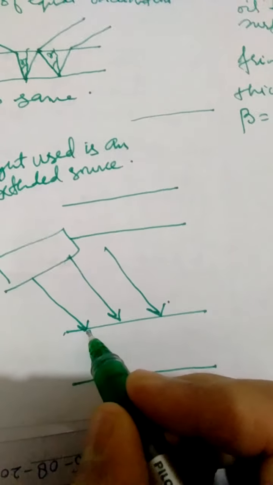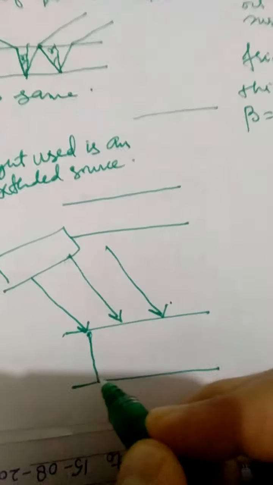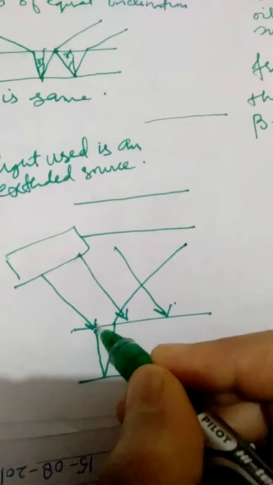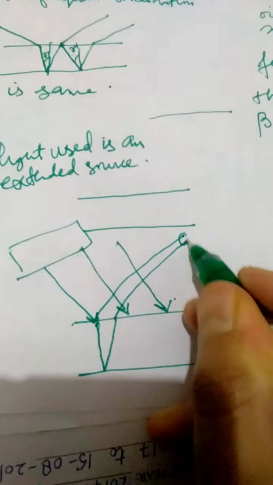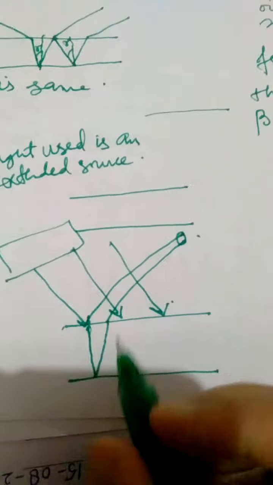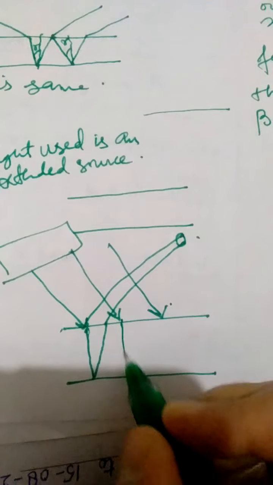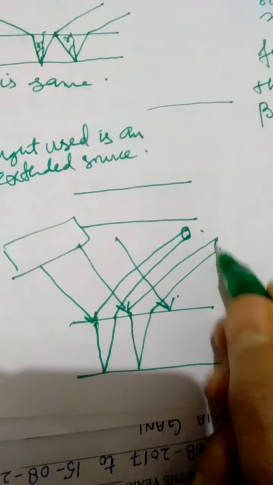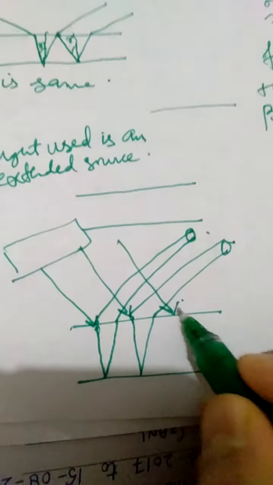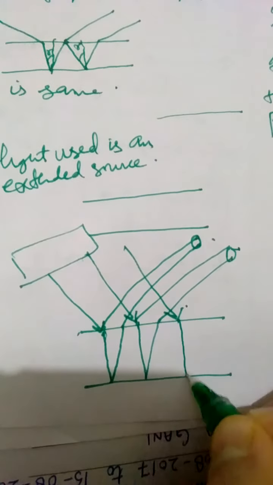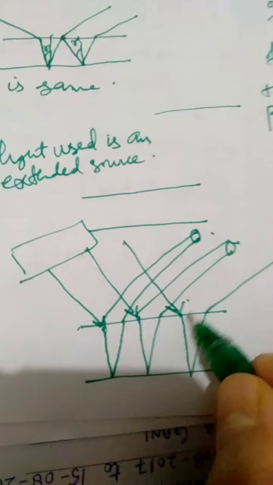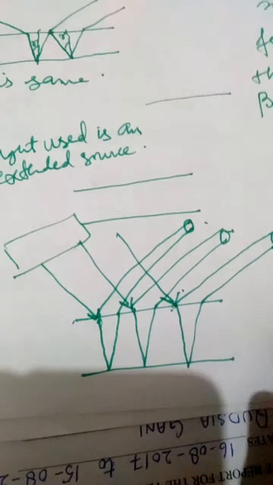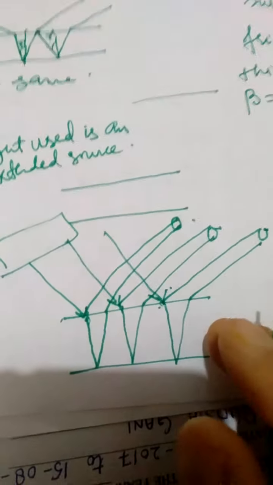So it gets refracted here, reflected here, reflected here. This is one of the patterns, right? Then in this case it gets refracted, reflected, transmitted. This is another pattern, right? Similarly, in this case, it is refracted, reflected, transmitted. So you get a broader, clear pattern of the interference.